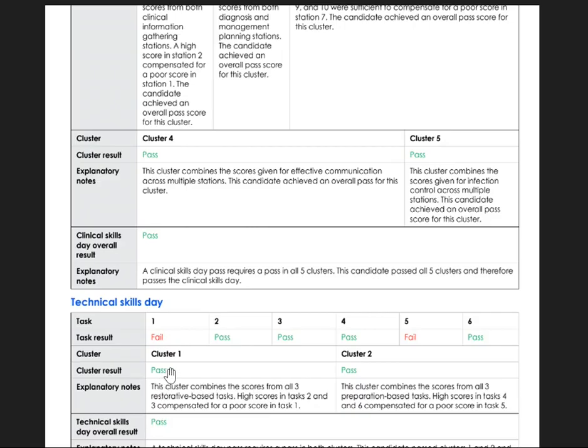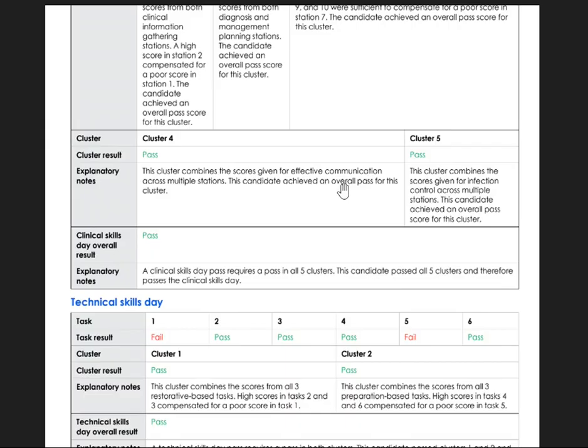So overall, he passed the restoration based cluster. Then the preparation based task, you have 3 preparation based tasks. The candidate failed one of the preparation based tasks, but because he did well in the other 2 preparation based tasks, he passed this cluster as well. So he passed the technical skills day, he passed the clinical skills day, so he passed the entire exam as a whole. Okay.